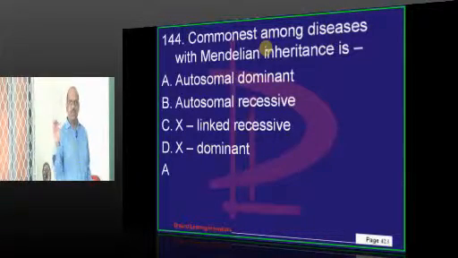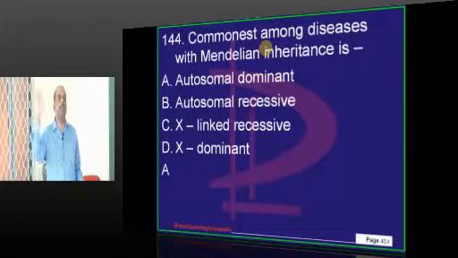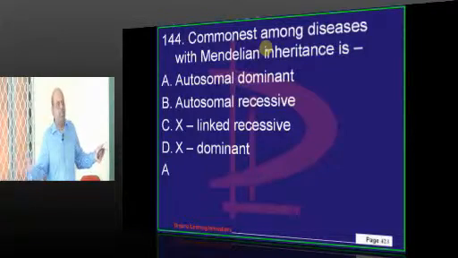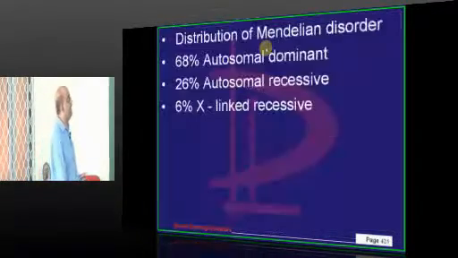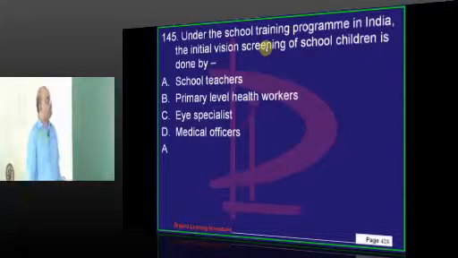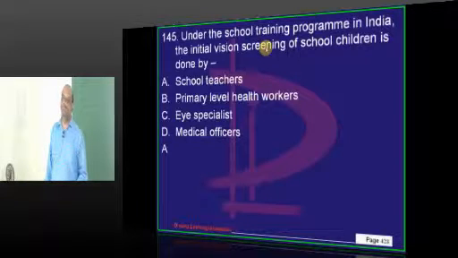Most common will be autosomal dominant disorders. Recessive will kill people even before they enter puberty. So what you see predominantly is autosomal dominant inherited disorders. Under the school training program, who will check the vision of the child?